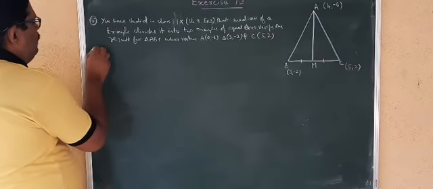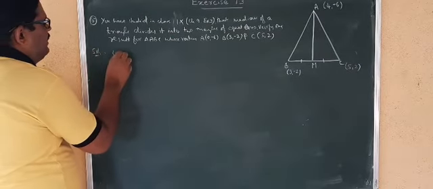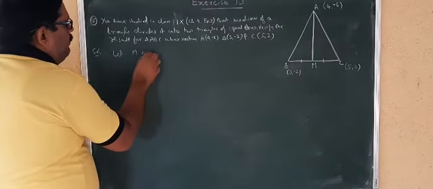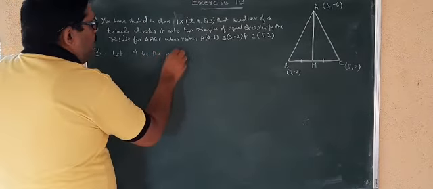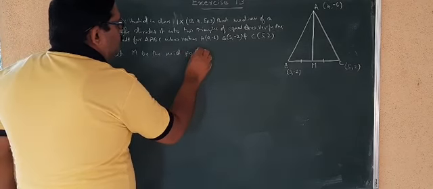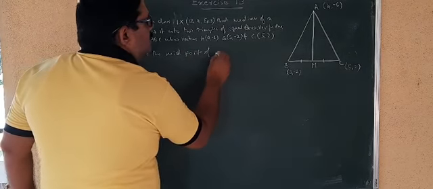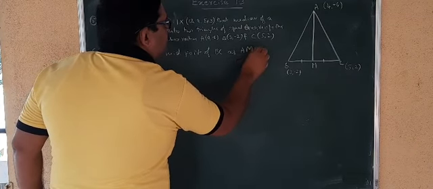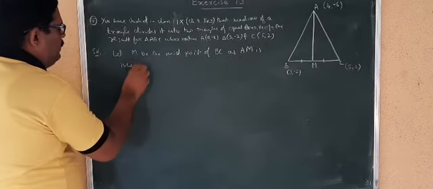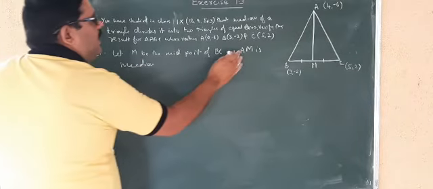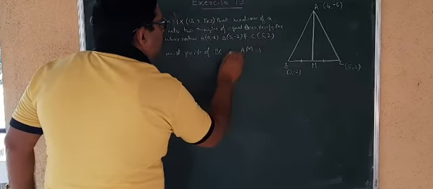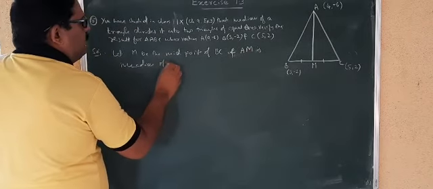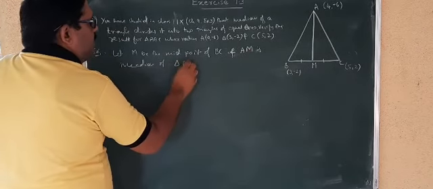So, solution: let M be the midpoint of BC, as AM is the median of triangle ABC.